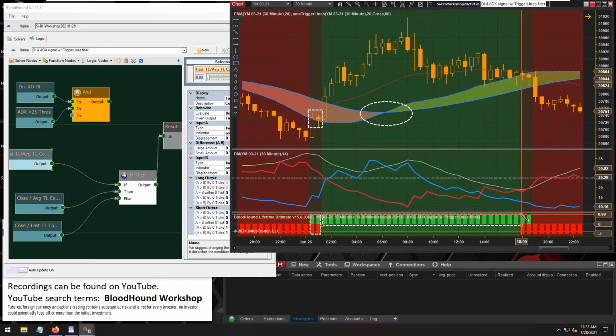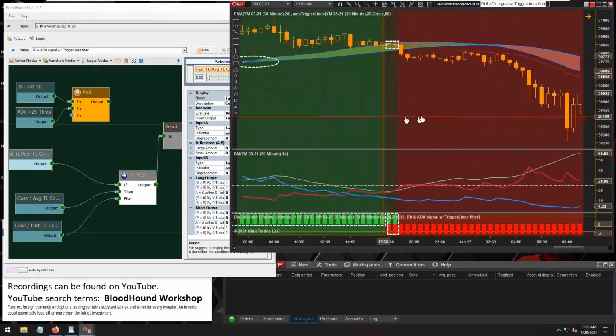It doesn't matter if the trigger lines are crossed down or cross up. We're getting only, and let me emphasize, only a long output. And now we can see again over here, when the closing price goes inside the trigger lines, we're getting both a long and a short together, right?